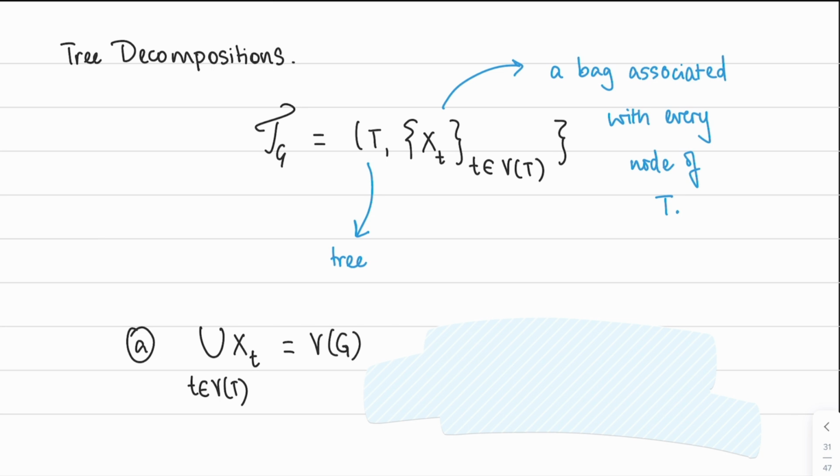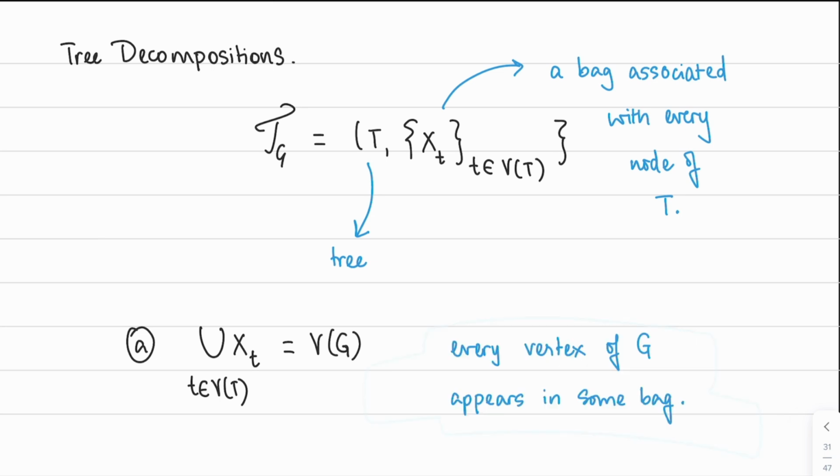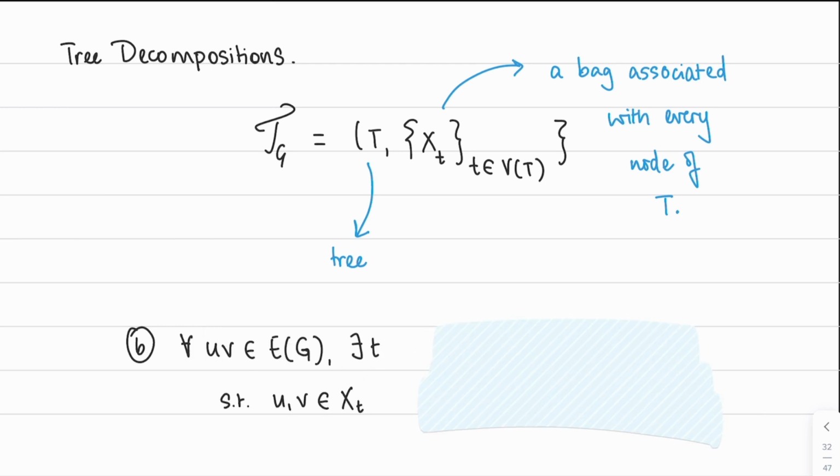Just as with the path decompositions, we require that the union of all the bags in the tree is the entire vertex set of the graph, which means that every vertex is present in at least one bag. The second property we are after is edge representation. Just like with path decompositions again, what we need is for every edge to have a bag which contains both of its endpoints.